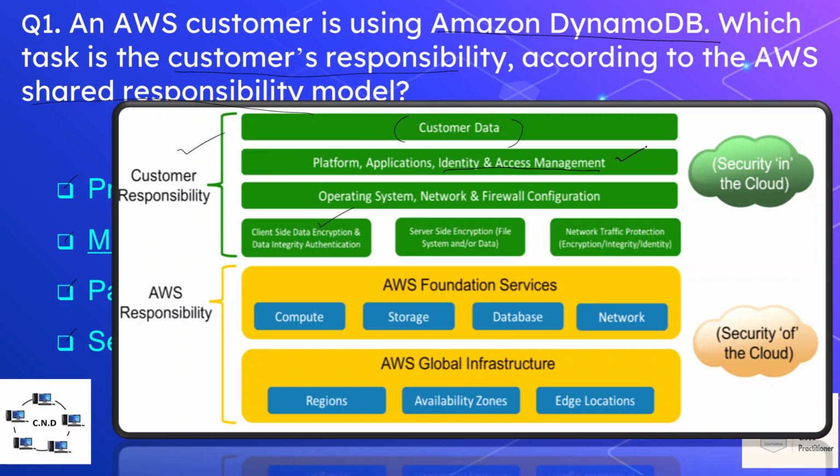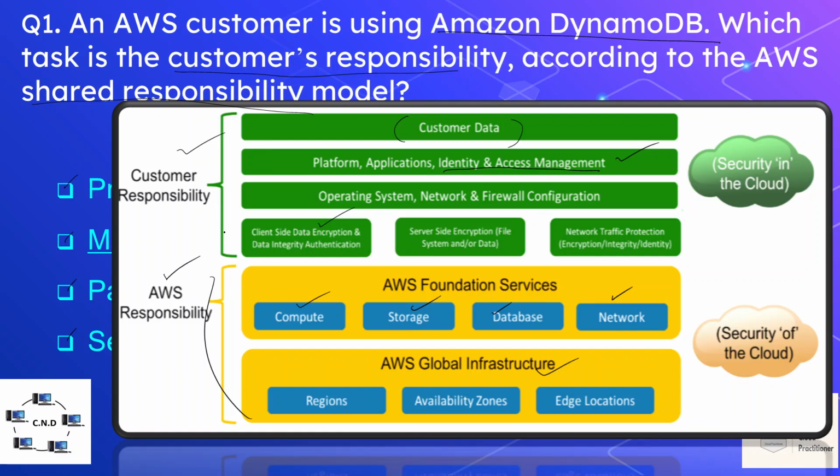These are the responsibility of the customer, while the physical provision of services, such as the global scale, the region, availability zone, the data center, education, and the physical infrastructure, including network, database, storage, and compute, are all the responsibility of the cloud provider, or in this case, AWS.